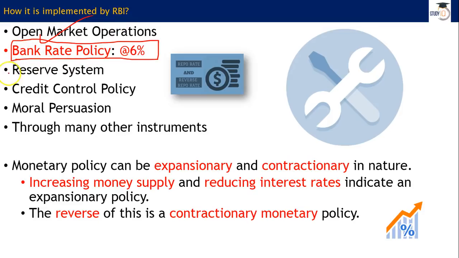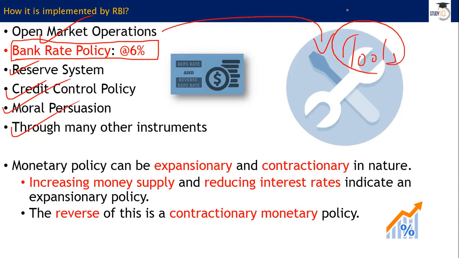Then you have the reserve system, credit control policy, moral persuasion, and many other instruments. All these are tools through which the RBI can control this flow of money. And as I told you, we are going to talk about the repo rate and reverse repo rate. So let's quickly understand what the repo rate and reverse repo rate are all about. Now, repo rate.